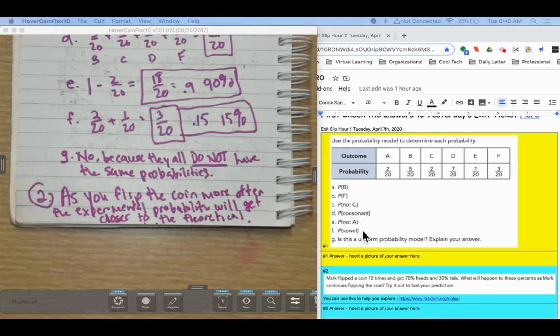Okay, so it should be getting closer and closer to 50% because flip of a coin is a 50-50 event. Okay, so that was your exit ticket from yesterday.